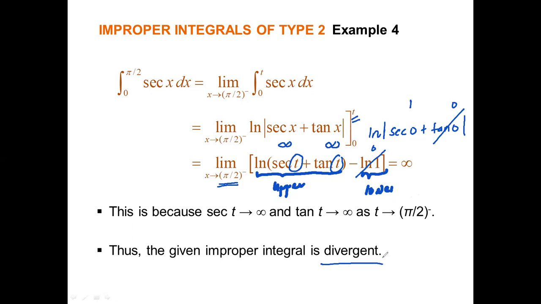We have learned that if the value of your improper integral does not exist, it is said to be divergent. So this is one example of an improper integral type 2 because the limits of integration are not infinity, but rather real values, but the function has a discontinuity on this interval.